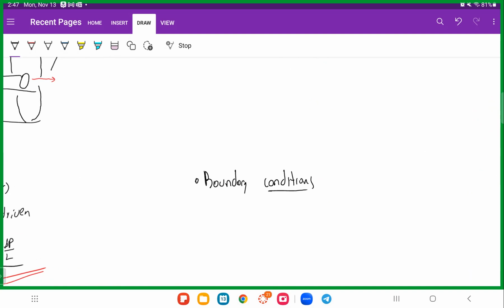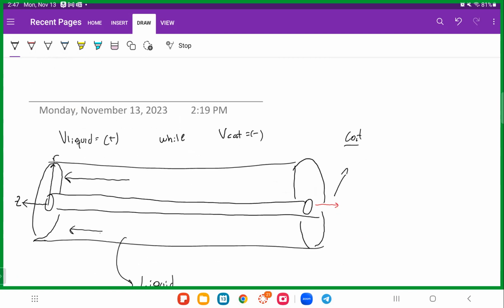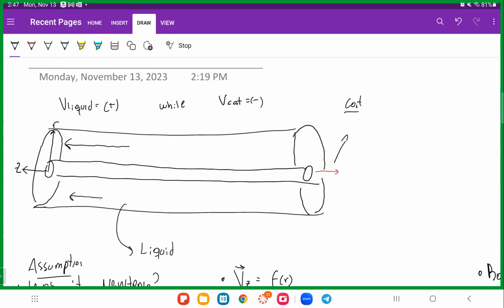Yeah, but you have to be careful in this case because the liquid profile is different. So different that I wouldn't really know how to write it because the catheter in this case is not static. It's moving. So you know that liquid is going to the left side, but also the catheter is moving to the right side.